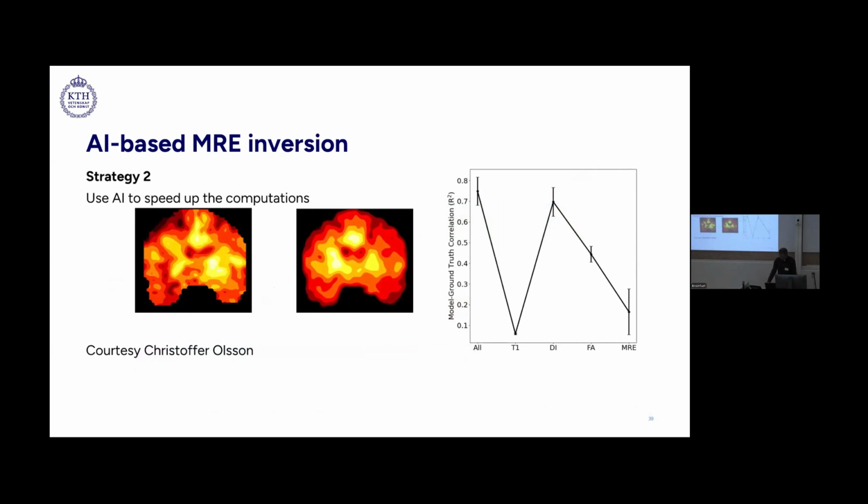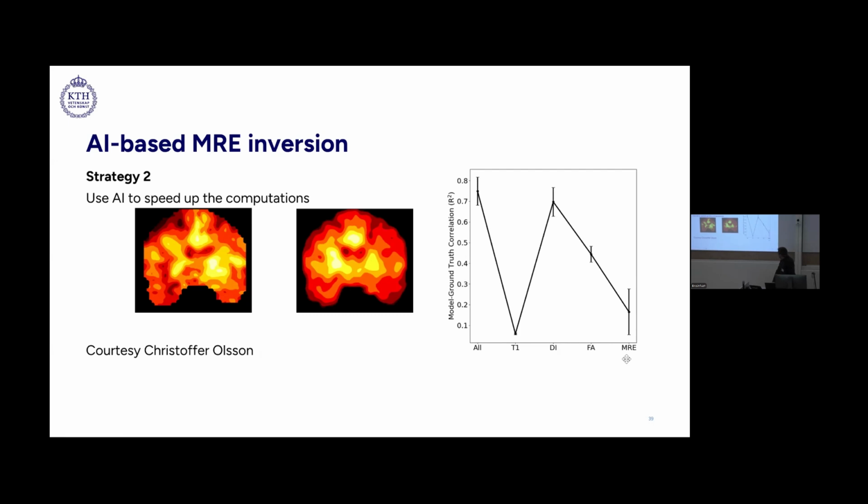Another strategy is to use AI to speed up the computations. This is something that we did with Christopher. The idea was to have a basic neural network. The input is, of course, the MRE data, and we also added T1 and FA at that time.